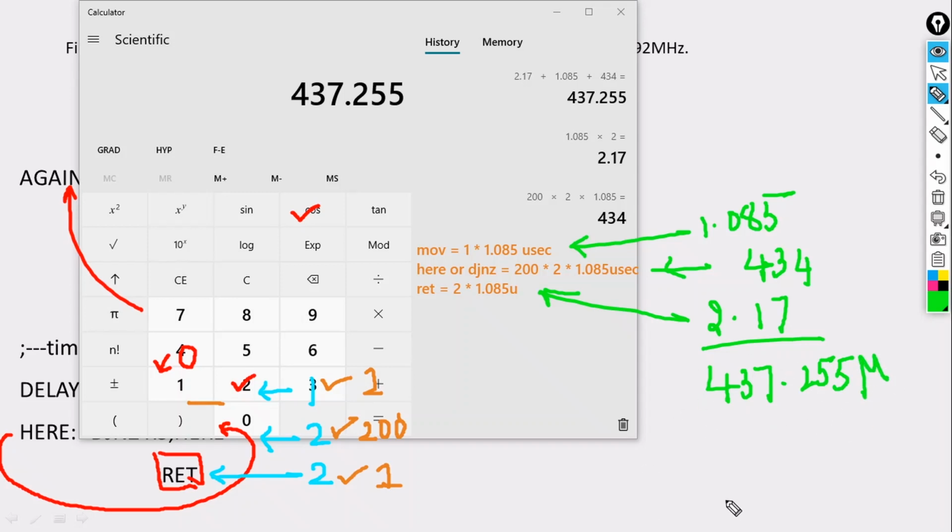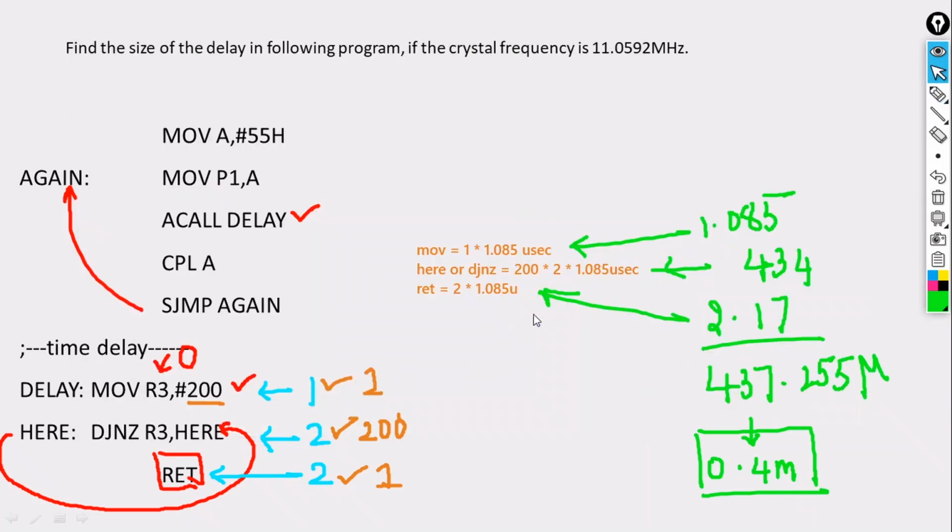Now if I convert this into milliseconds, I'll be getting 0.4 milliseconds. So the time delay for this particular operation is going to be 0.4 millisecond.